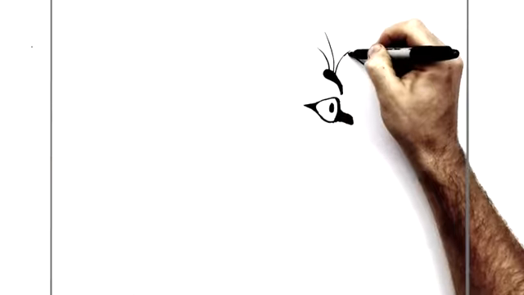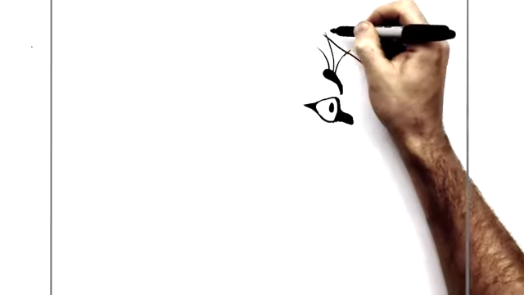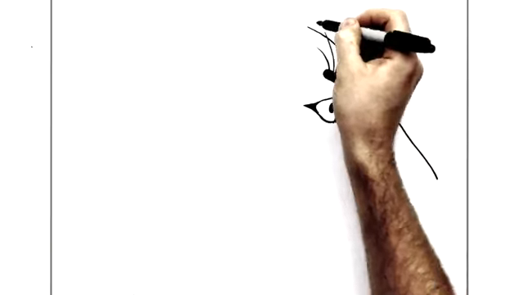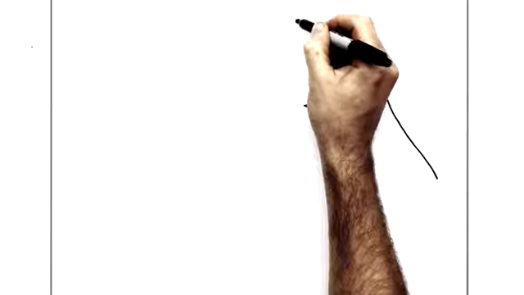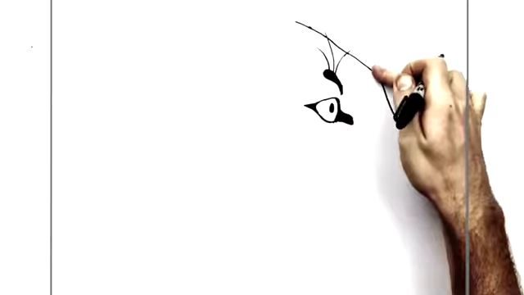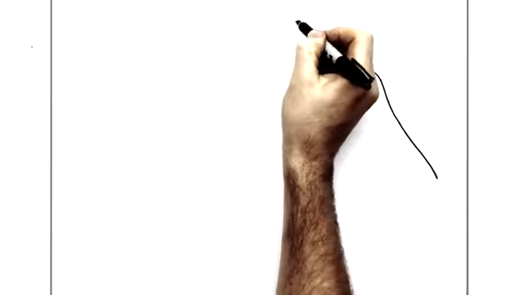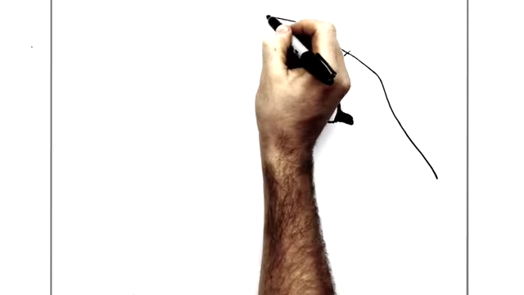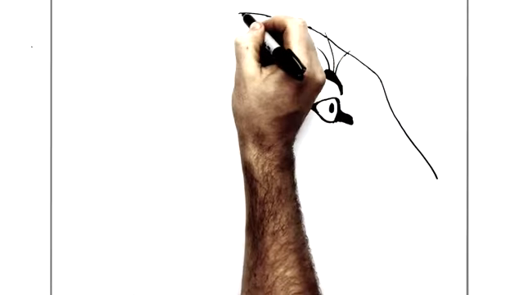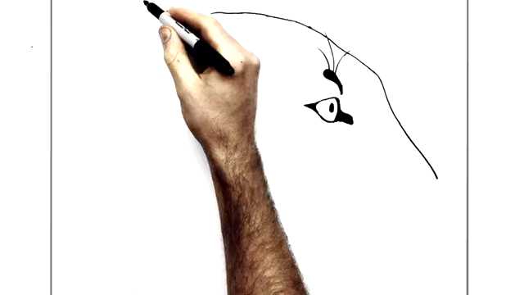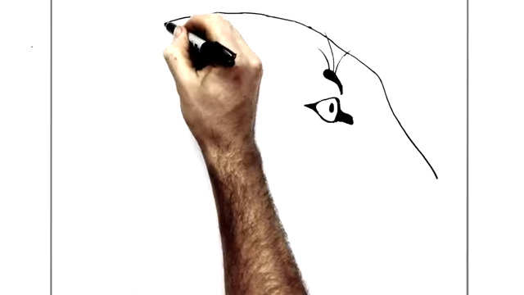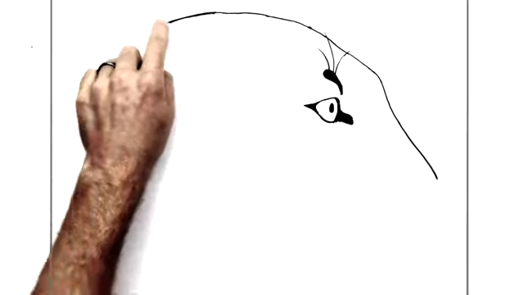So this is going to go all the way across like so. So we're going down towards the nose, and then this one is going to come back. And it meets his ear just back there.